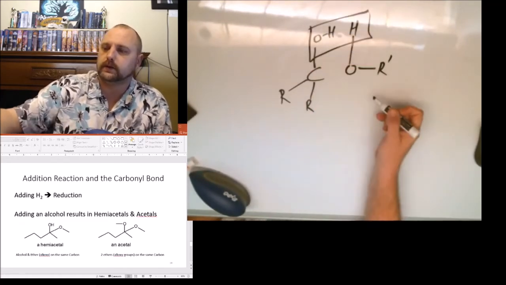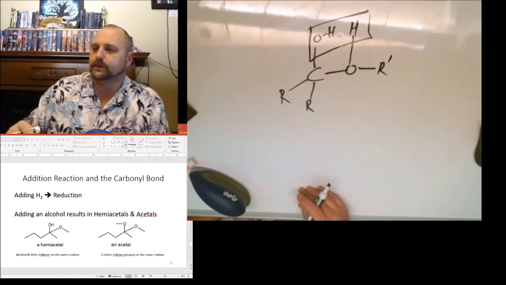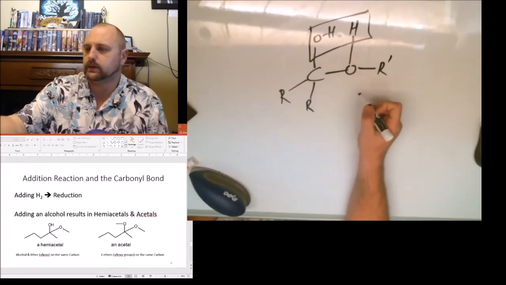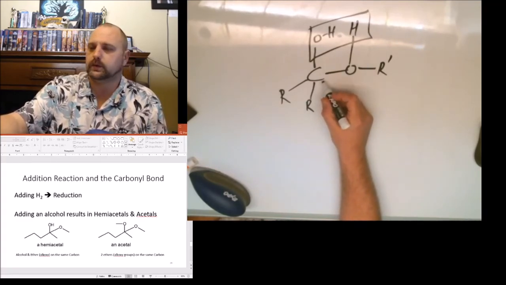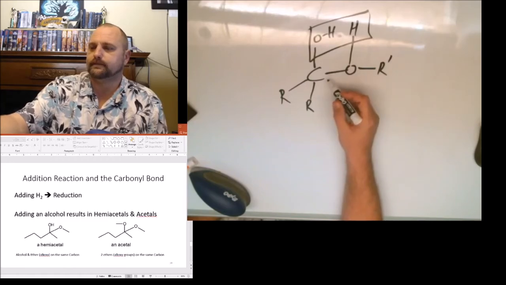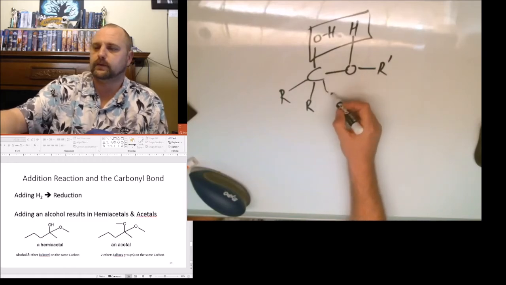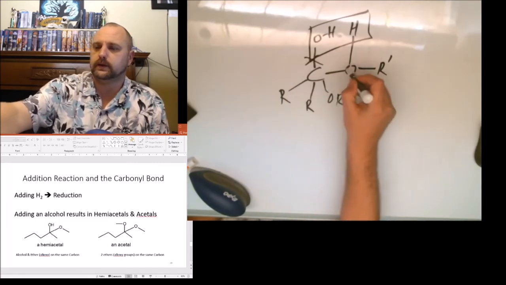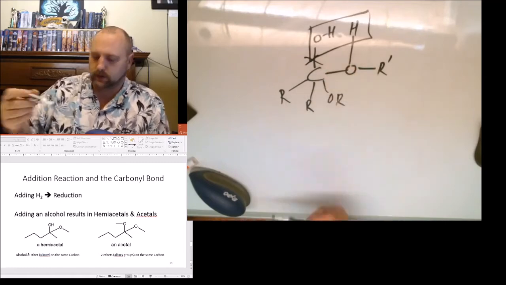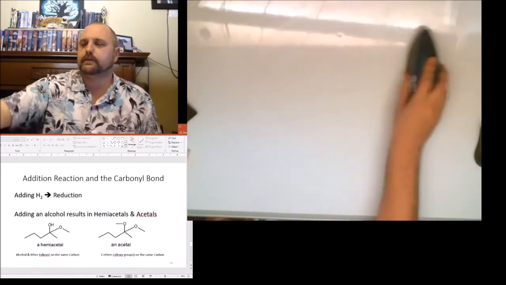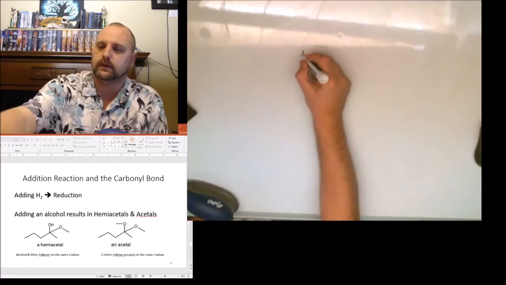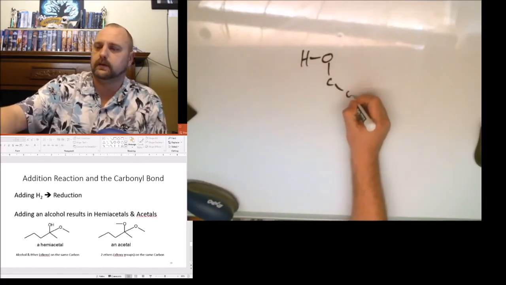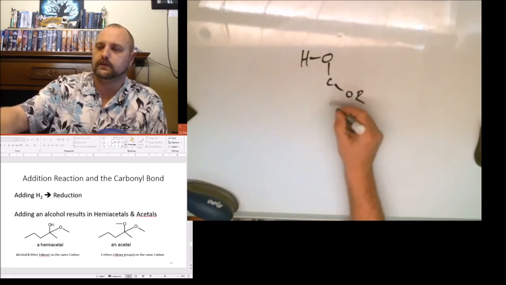There's the water that leaves, and then we connect this over. Oops, this should have had our OR coming off of it as well. Where did I mess up? It would have been here, and then you see the water has to leave when this gets made. So let's try redrawing that. Terrible. There's my hemiacetal.